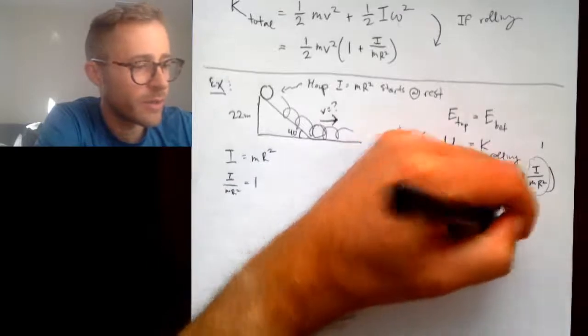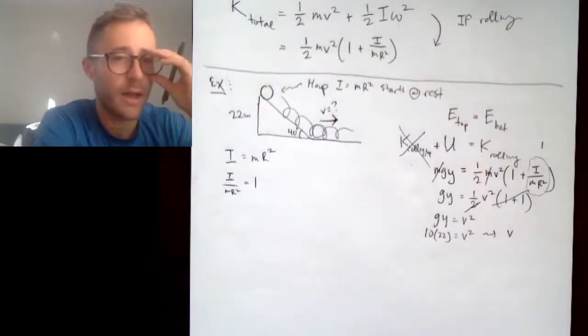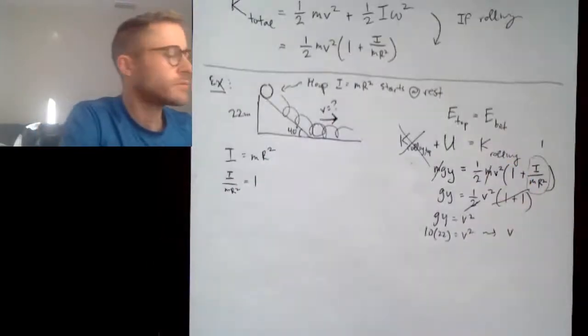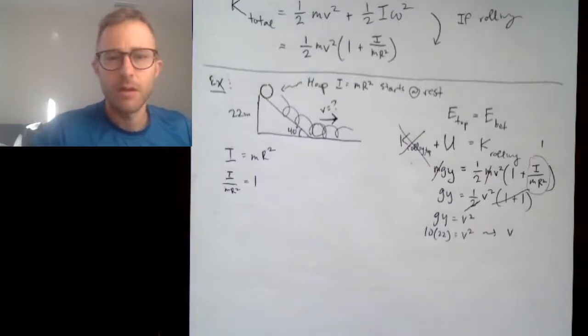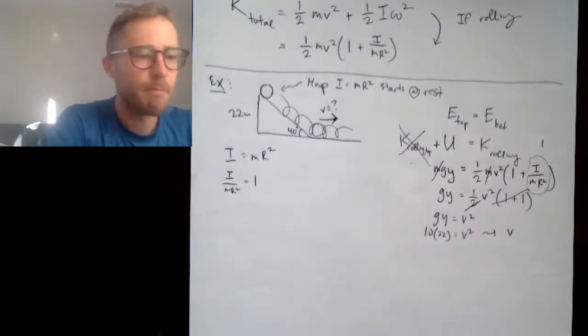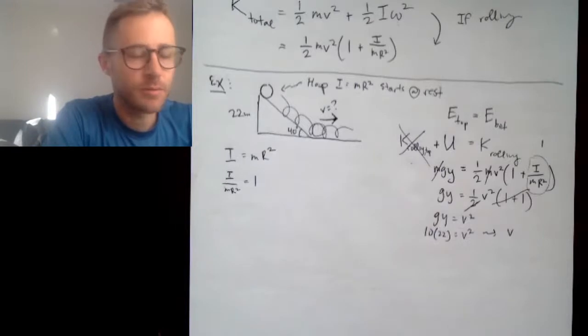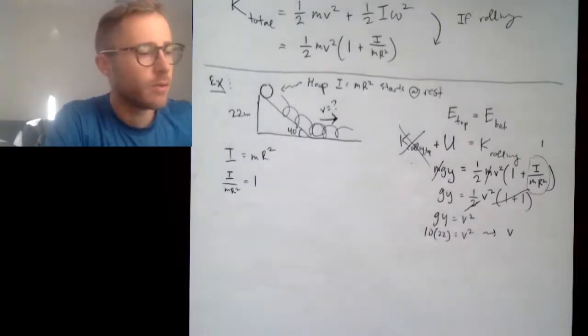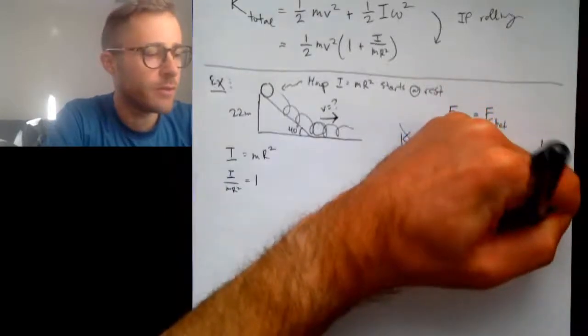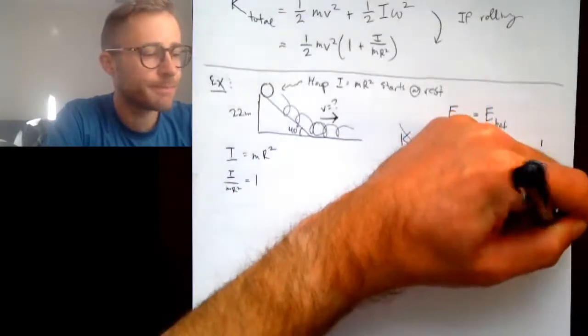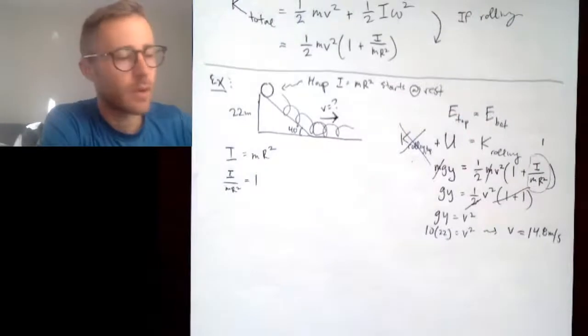And so I can get the speed at the bottom of the hill. So that's going to be the square root of 220, which is 14.8 meters per second. Okay.